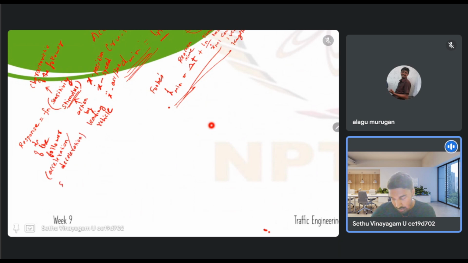Okay, and the stimulus that they use is the relative speed. So what is relative speed? The difference in the speeds of the leading vehicle and the following vehicle. That is taken as the stimulus. So depending on what that change is, if the relative speed is positive, that is, x dot leader speed minus x dot follower speed, what does this mean?